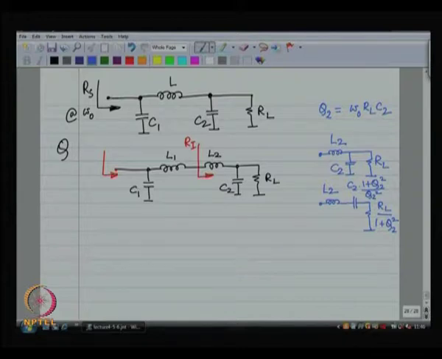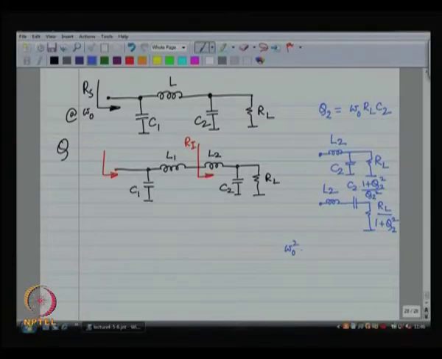Okay. And you choose L 2 and C 2 such that they resonate at the chosen frequency. So, 1 by omega 0 squared is equal to L 2 C 2 times (1 plus Q 2 squared) by Q 2 squared.